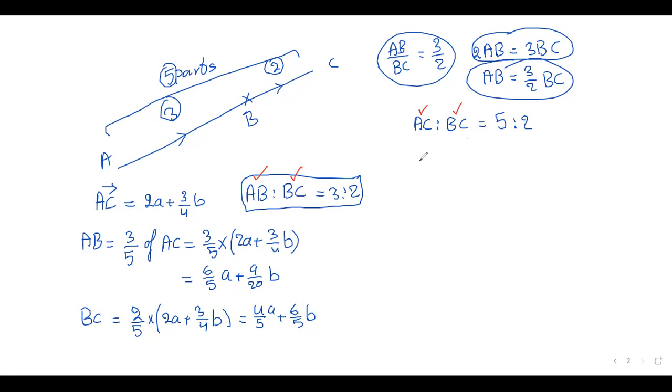The calculation will not be different, because AB has 3 shares out of the 5 shares. The whole AC is 5 shares and BC is 2 shares, so AB is 3 shares, and then we can do the calculation as we used to do.